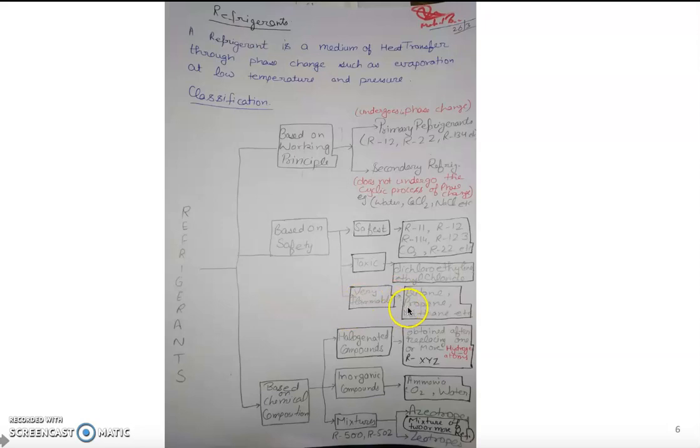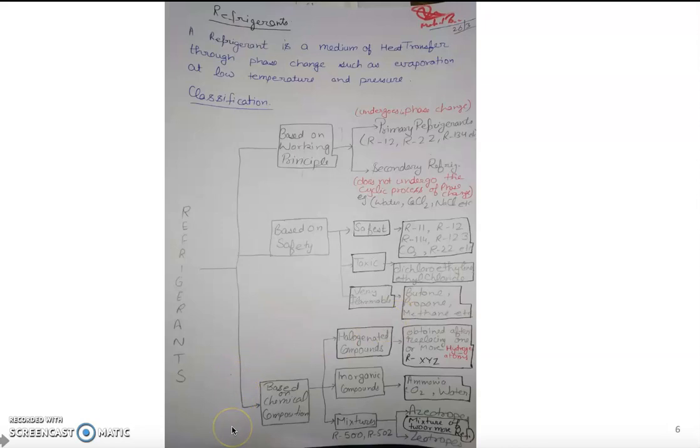For your kind information, in a few applications we may see LPG can also be used as a refrigerant, but that would be a little bit tough and risky to use for refrigeration purpose.